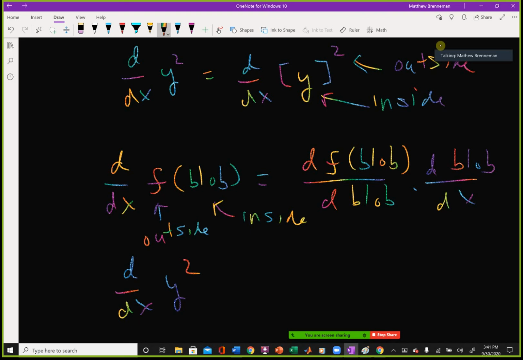Everybody agrees here, okay? This function f is the outside function. So this is d/dy of y squared, times the derivative of blob, which is y, with respect to x.